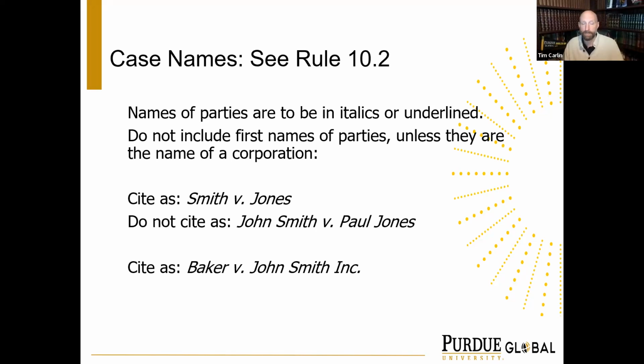Last names only, unless it's part of a corporation, then you're going to include John Smith Inc. So italicize the names, and don't overlook it. Again, I can't overemphasize the importance of making sure you have this right 100% of the time. Not just because you can do it in the classroom means you'll be able to do it in the real world. That's where it's really going to speak volumes about you. Okay, next slide.